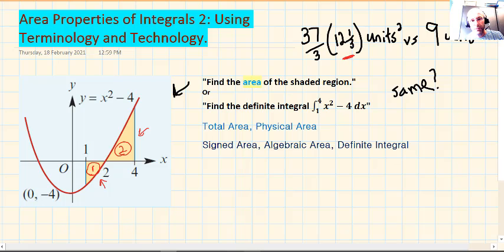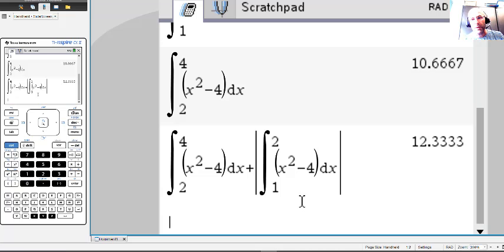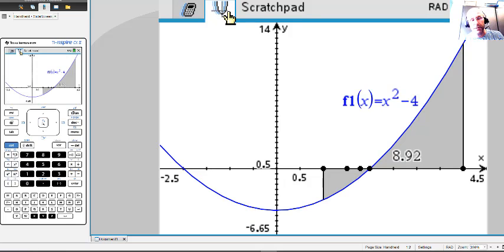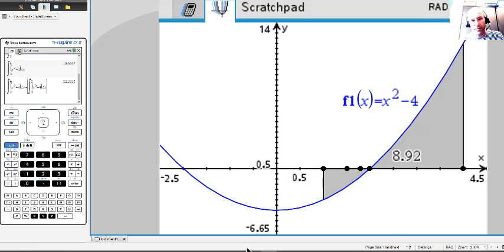So that's the difference between the physical area and the area which is called algebraic. There's a whole lot of synonyms here, so let's have a look at them. This is where the terminology kicks in.